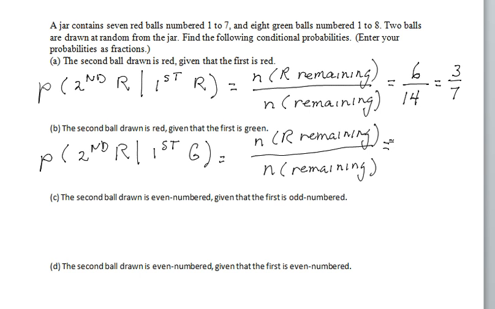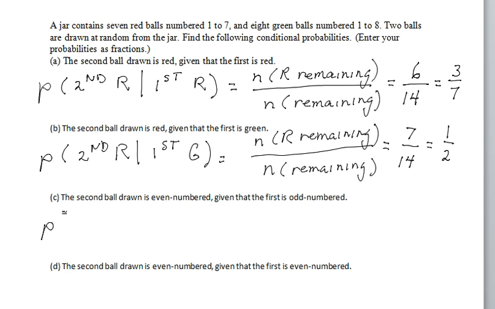And since the first ball was red, there will still be 8 green left. I'm sorry, I did that the wrong way. Since the first one was green, there will still be 7 reds left out of a total now of 14, giving a probability of 1/2.